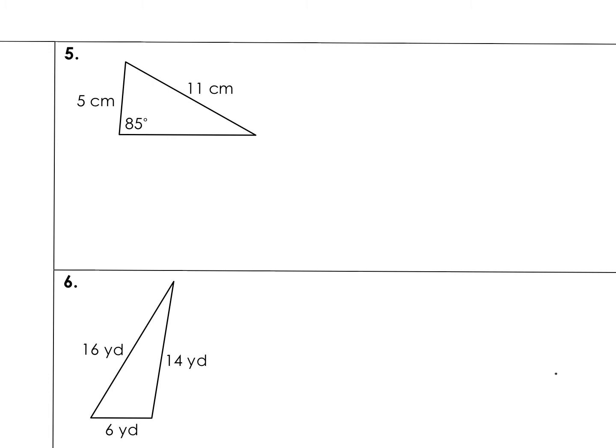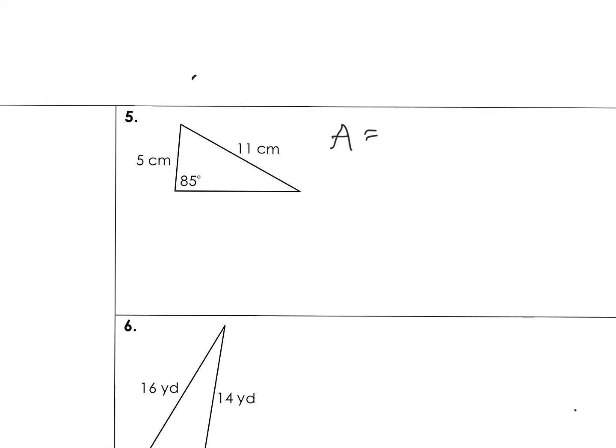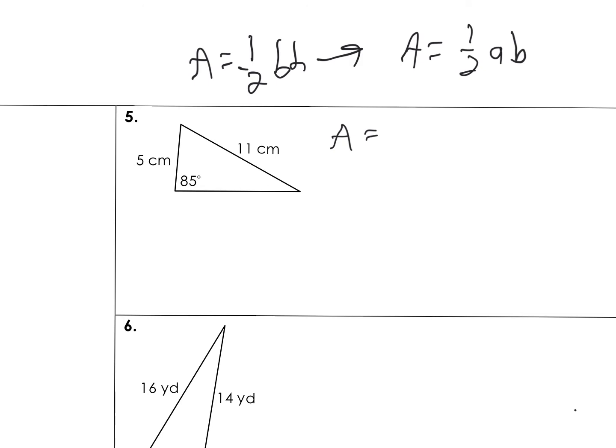In other words, we can use that area, and we already proved it the other day, how area equals 1/2 base times height becomes, if you recall, area equals 1/2 A B sine of the included angle, A being a side, B being a side.